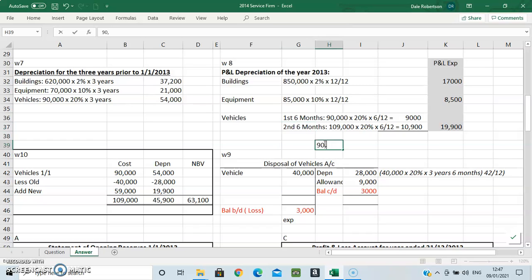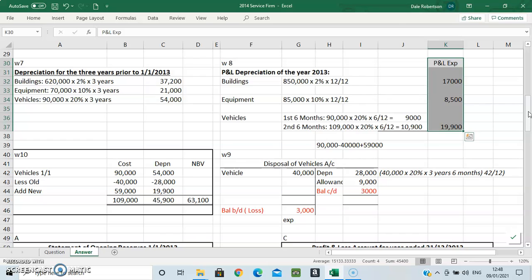That is 90 minus the 40 plus the 59. Take out the old and add in the new to get 109. And that number by 20% by, again, the other 6 months gives you 10,900. You add the two 6-month periods together to get your 12-month figure, and the 12-month figure is 19,900. These three numbers are profit and loss expenses.